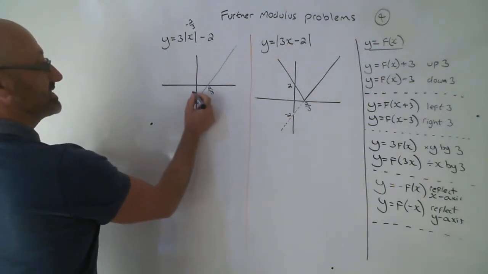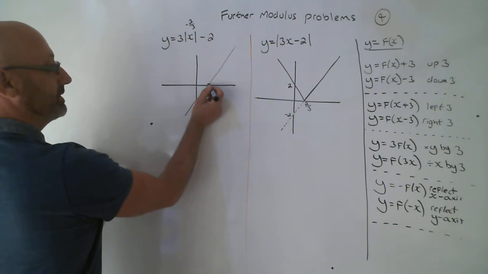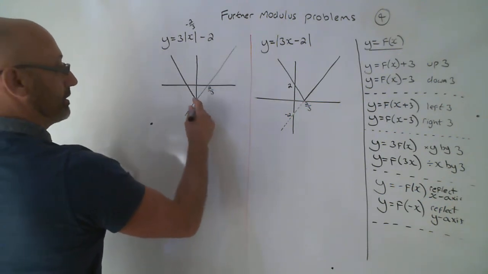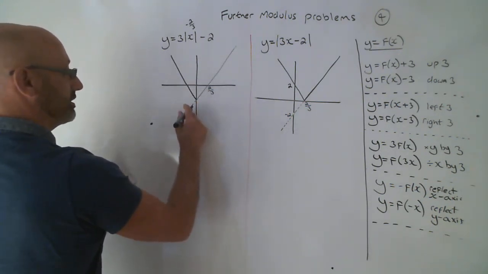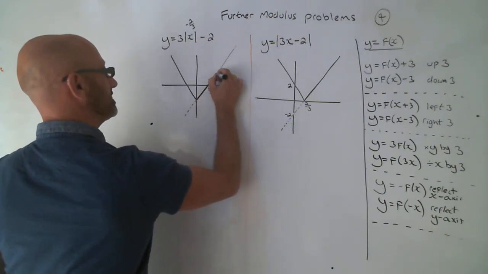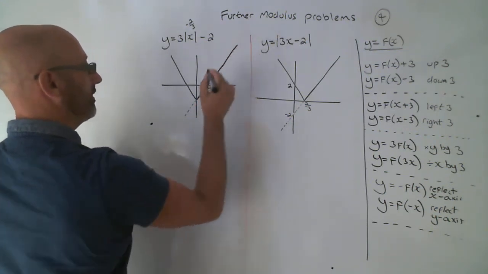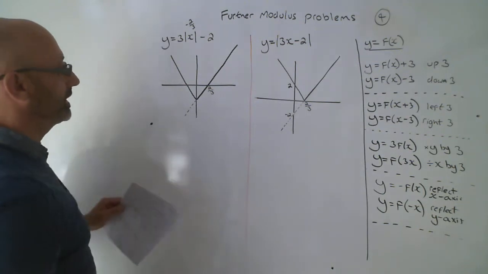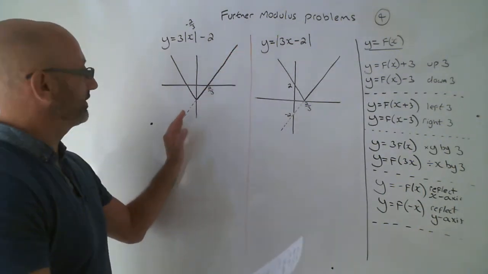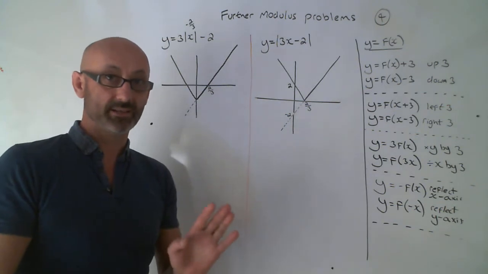So it's going to give you the same y value as this one here. So it's actually going to go straight up like that. So this is actually easier than this one, okay? Because all it does is it reflects in the y-axis.